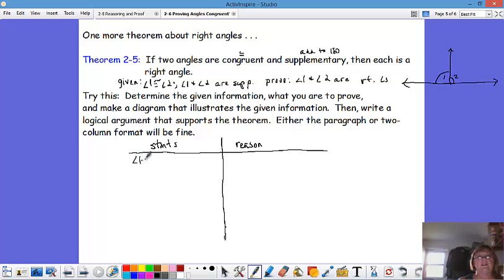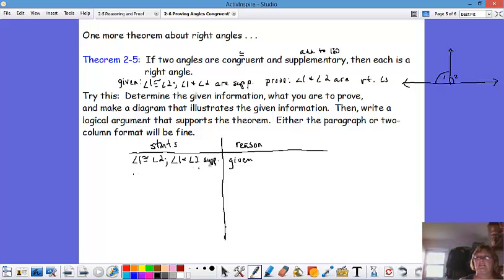Angles 1 and 2 are congruent. We know this. And we also know that they are supplementary. So angle 1 and angle 2 are supplementary. And I will always abbreviate because I want to try and fit it all on one line. So, okay. Let's go with the supplementary thing. I think that's where we want to go if two angles are supplementary.